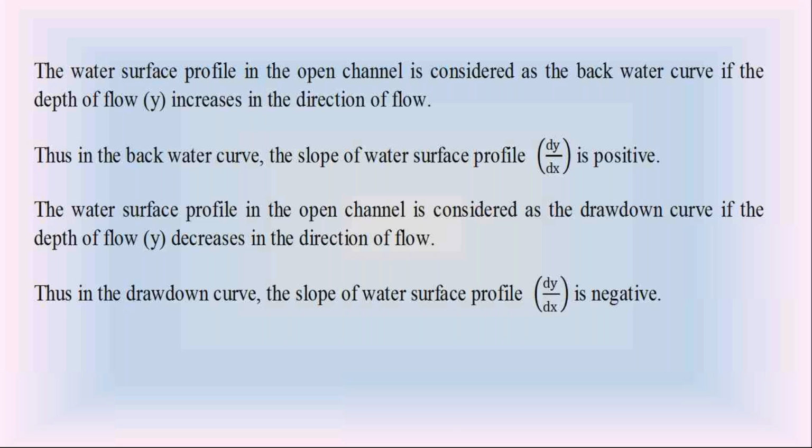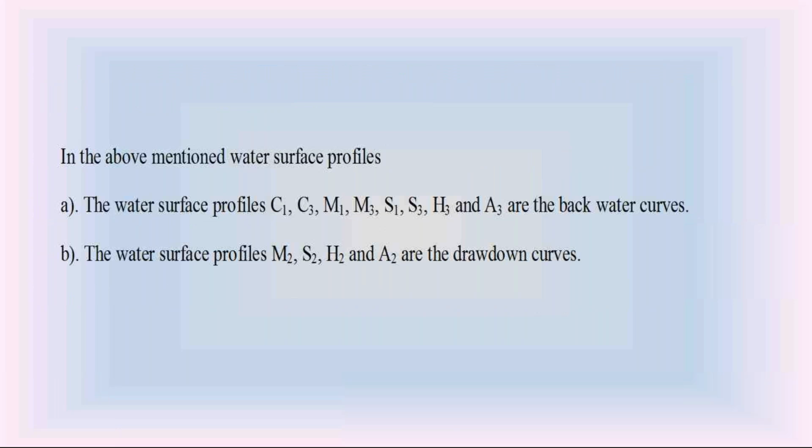Now coming to this list of water surface profiles, C1, C3, M1, M3, S1, S3, H3 and A3 are rising water surface profiles, so they are considered backwater curves. And M2, S2, H2, A2 are falling water surface profiles, called drawdown curves.